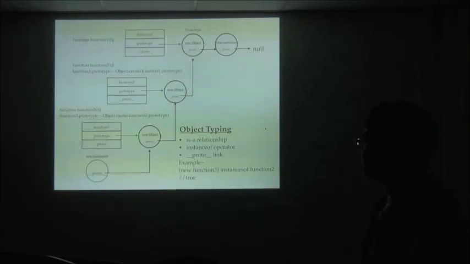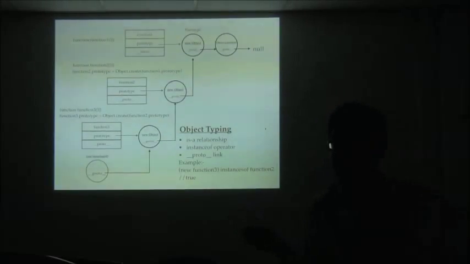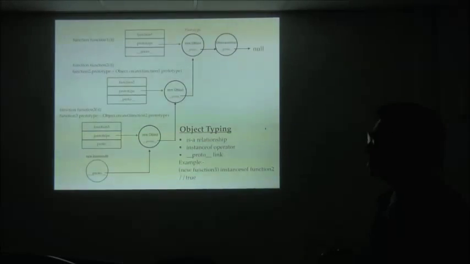And we can create it as we go on. So there is object typing, and this typing is very dynamic. It can change, and it can be changed by you if you want.